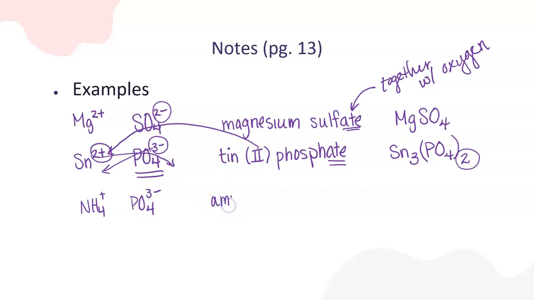So this is ammonium. And because it's on that list, it only forms one charge, so there are no parentheses with a Roman numeral. And then we have PO4, which we said previously was phosphate. That is how you name it.